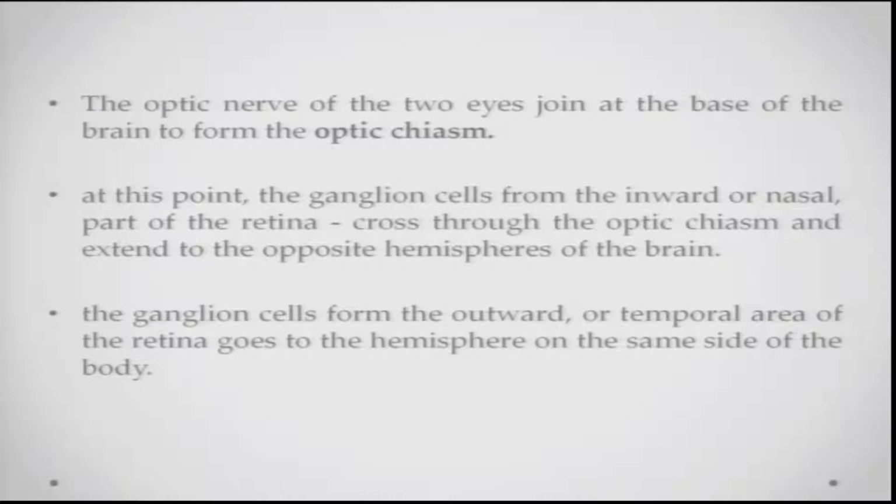The optic nerves of the two eyes join at the base of the brain to form something called the optic chiasm. At this point, the ganglion cells from the inward or nasal part of the retina cross through the optic chiasm and extend to the opposite hemisphere of the brain. I can show this to you through this figure.